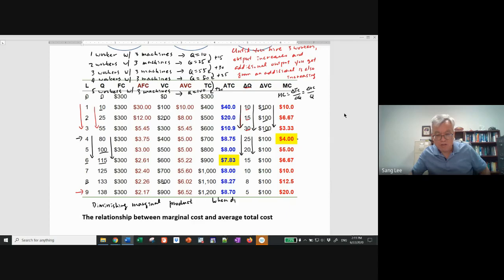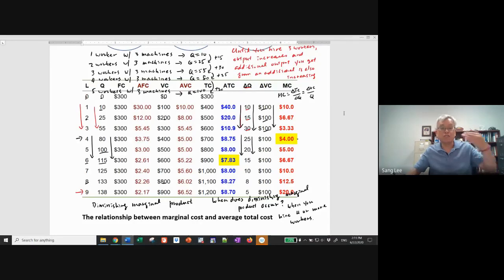So here, when does diminishing marginal product occur? When does it take place? The answer is when you hire 4 or more workers.